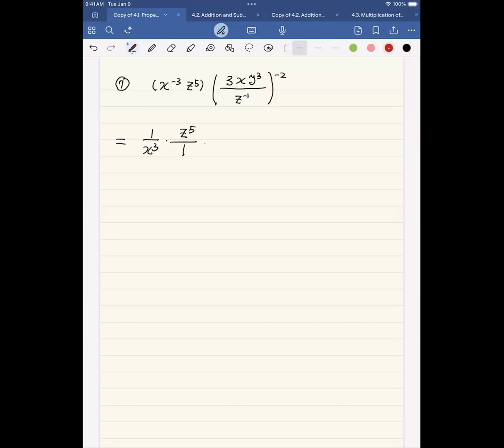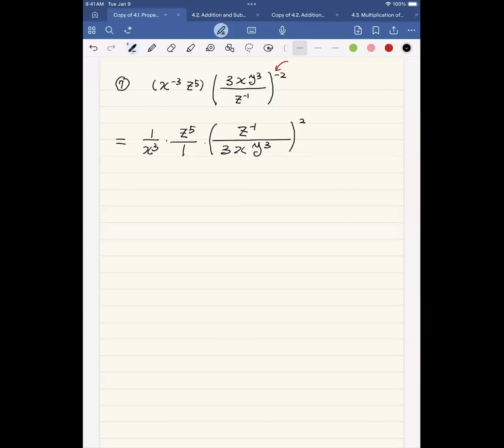What we want to do first is this is a negative power. So we want to flip the positions. Then it becomes z to the negative 1 over 3xy cubed. After we flip, we can drop the minus sign on the power.